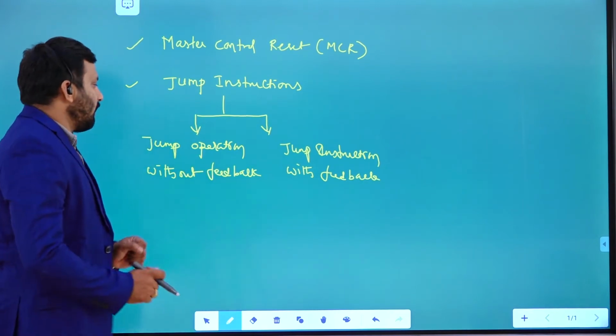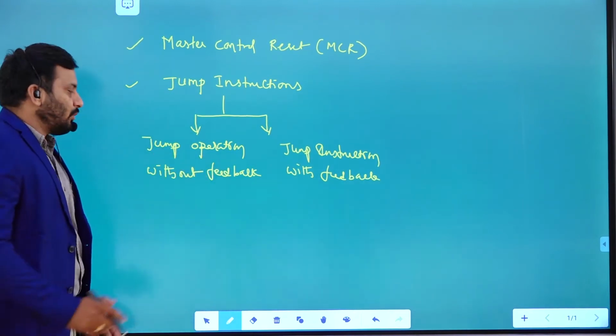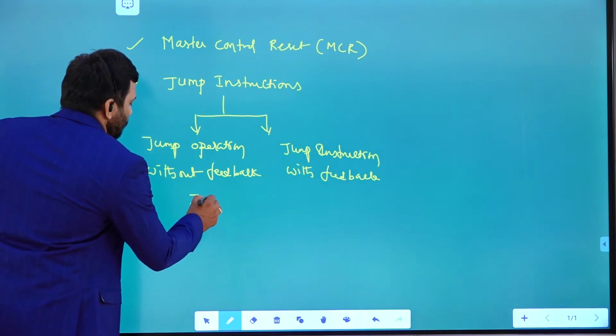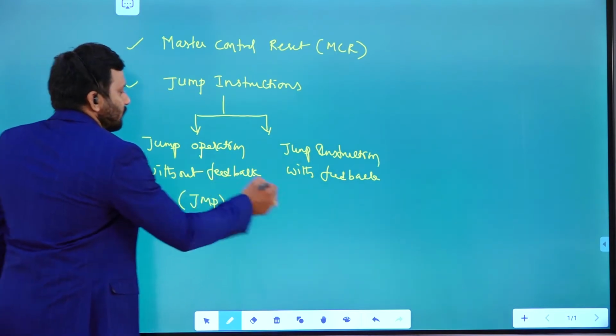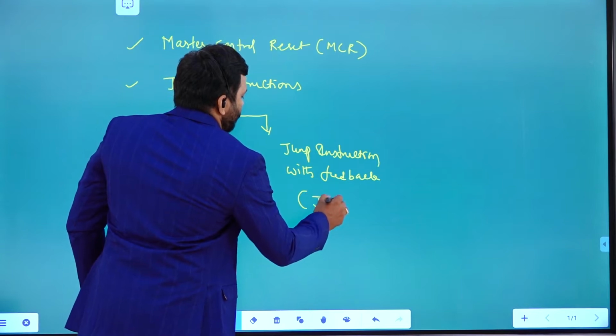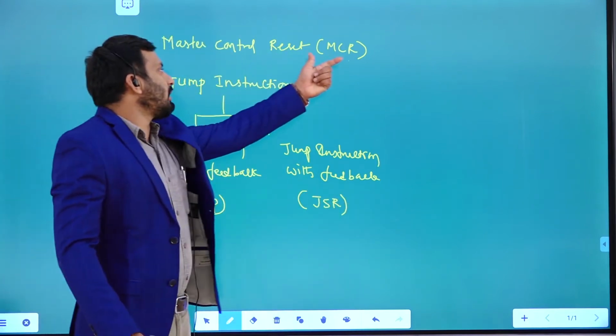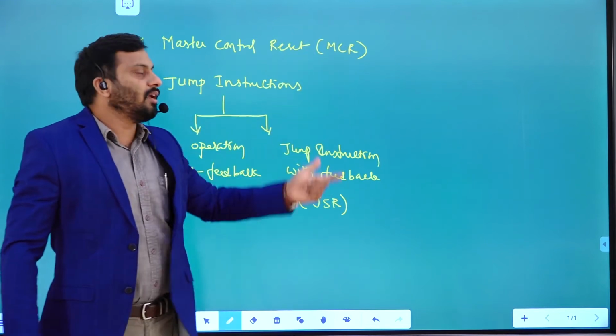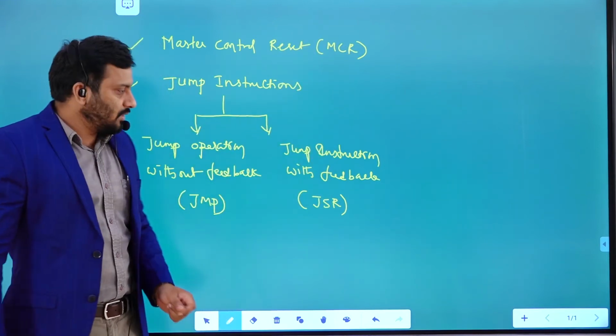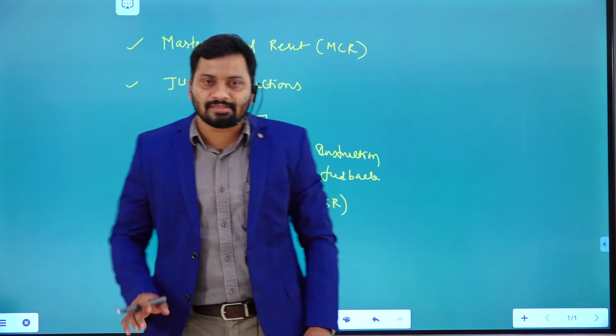The jump operation without feedback has a label of jump, all right. This one is the jump with subroutine, these are the labels, right? So for the master control reset instruction we have a label MCR, right? These instructions we are going to discuss in this class.